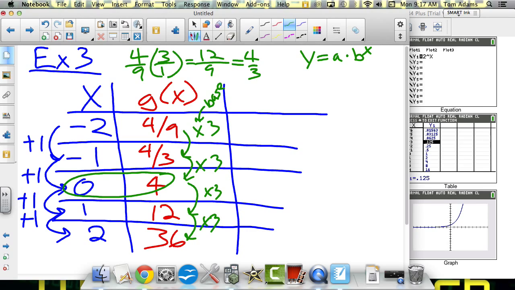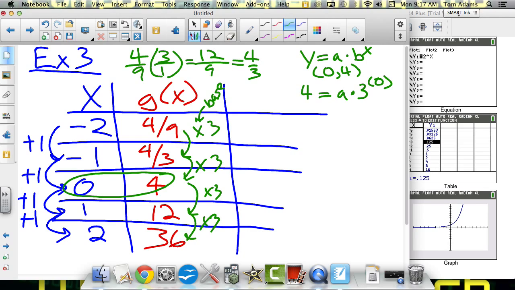You know why? Well, remember that this represents the point 0, 4, and those are the x, y values. So if I were to put 4 here, it is equal to a times 3 raised to the 0, right? Well, what's 3 raised to the 0? 1.